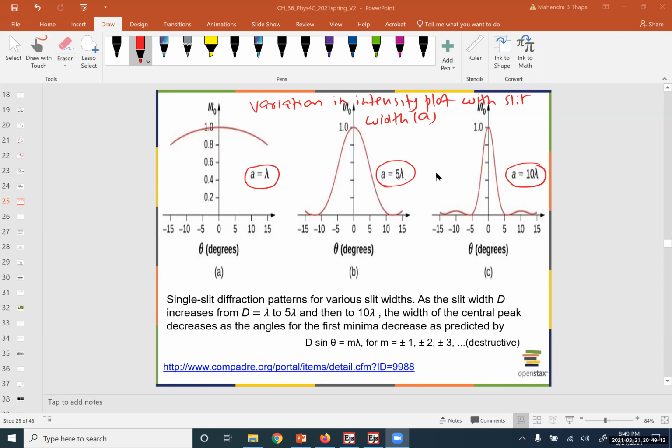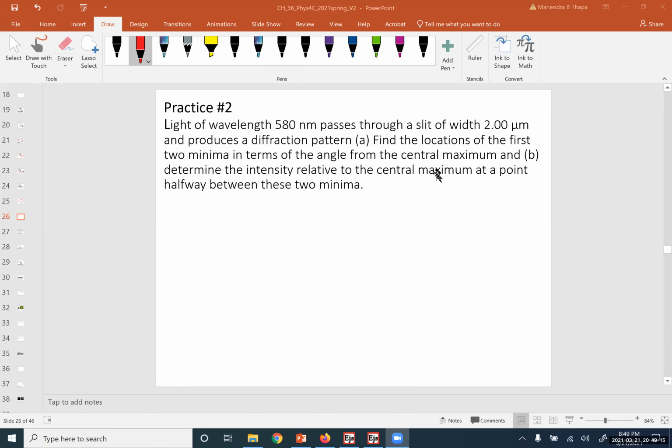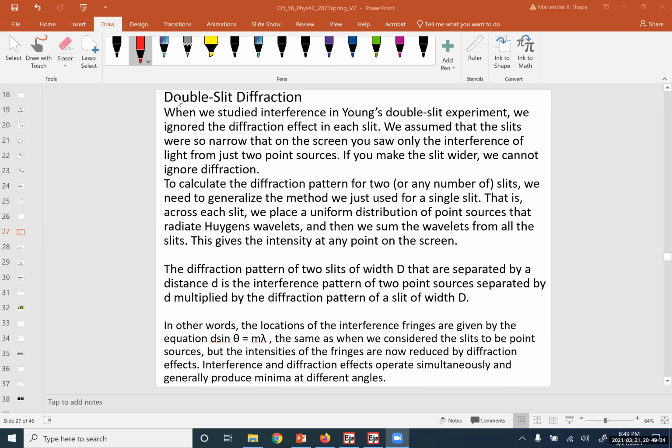If you understand up to this point, you can solve practice problem 2. Okay, so let's move forward with diffraction. Not only one slit, we are taking the case of 2 slits. Now we have slit 1 here, another slit here, so I have 2 slits.